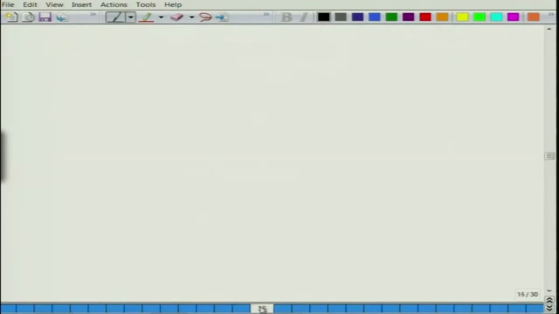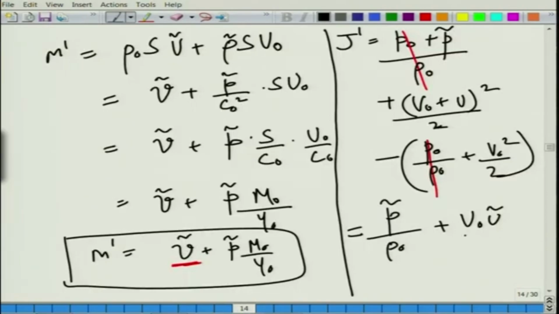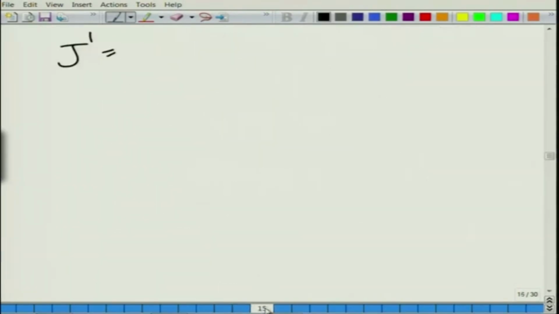So, I need to go to another page and simplify what we just saw here. u naught can be written as M naught into c naught, is it not? That is what we are going to do, and actually we are going to say something like this: p tilde by rho naught, and u naught c naught.